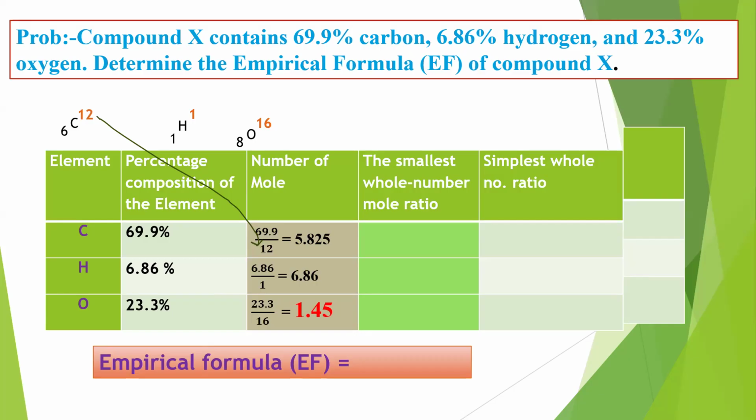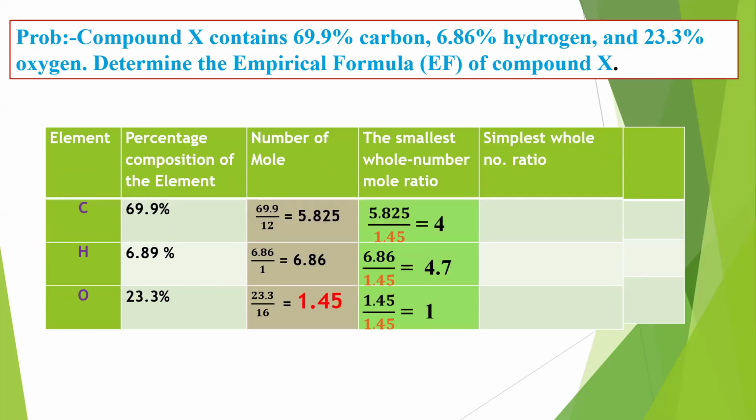So take that value and divide it into the carbon value, then hydrogen value, then oxygen value. Then here calculate the simplest whole number ratio of the carbon, hydrogen and oxygen. Carbon value divided by 1.45.